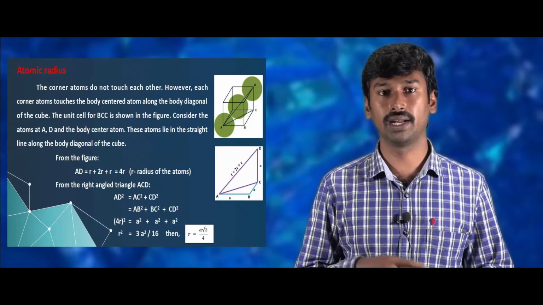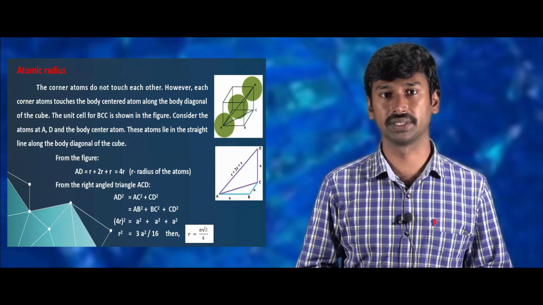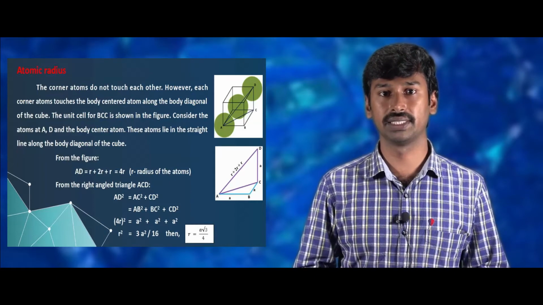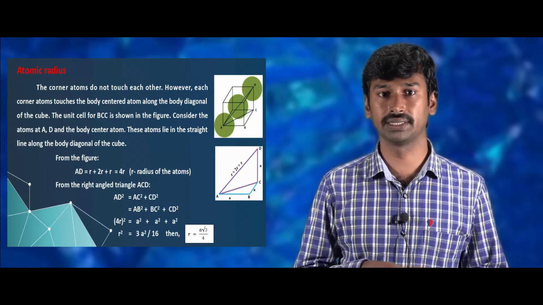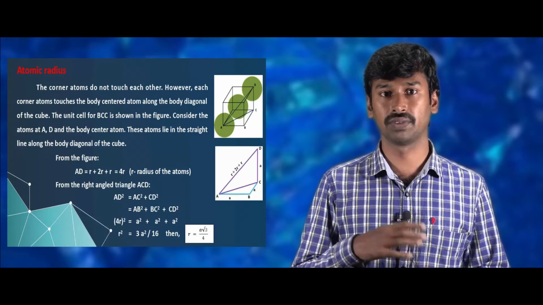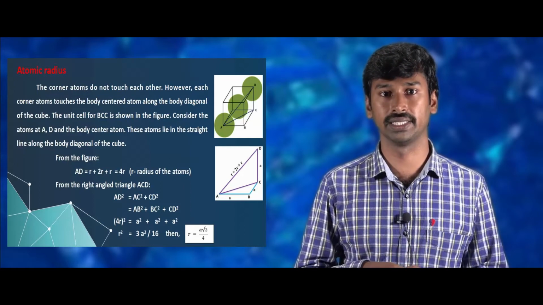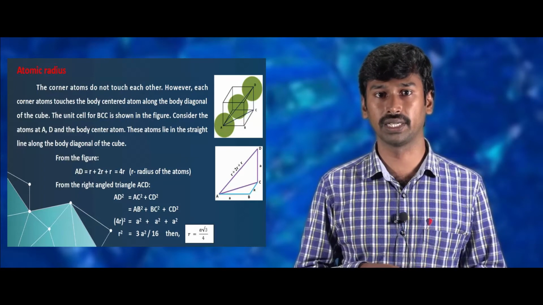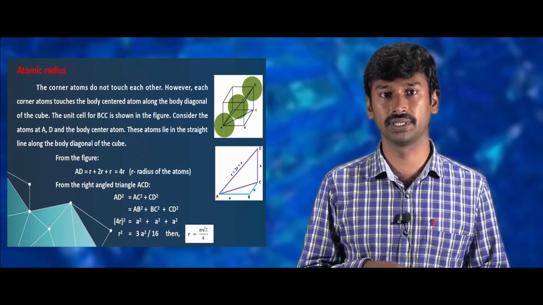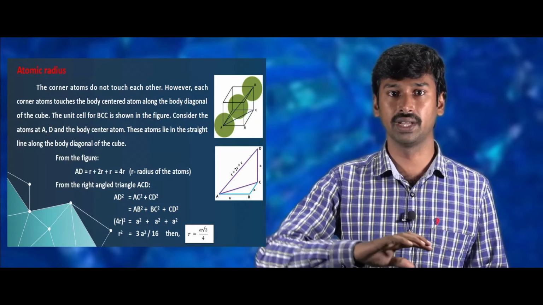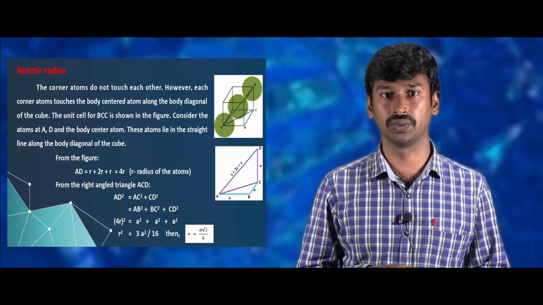Now we see the atomic radius for this BCC system. The corner atoms do not touch each other, but these corner atoms touch the body center atom along the body diagonal of the unit cell. From this figure, it is shown clearly that the atoms A and D, which are located at either corner of the unit cell, and the body center atom lie in a straight line along the body diagonal of the unit cell.